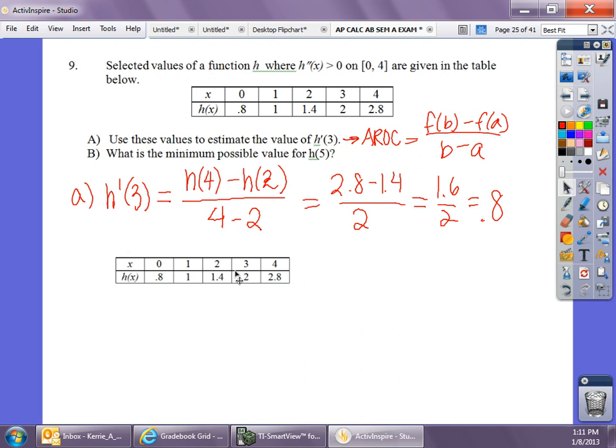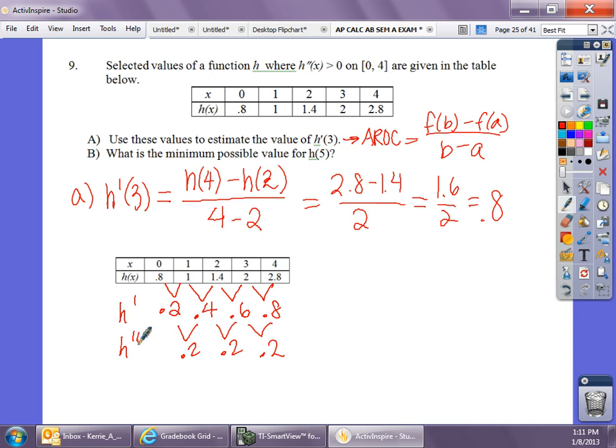All right, so for letter B, what I want you to notice is that here we added 0.2, here we added 0.4, here we added 0.6, here we added 0.8. So here, the second derivative is always positive. So this was 0.2, this is 0.2, this is 0.2. So in a sense, we're looking at the h prime and h double prime.